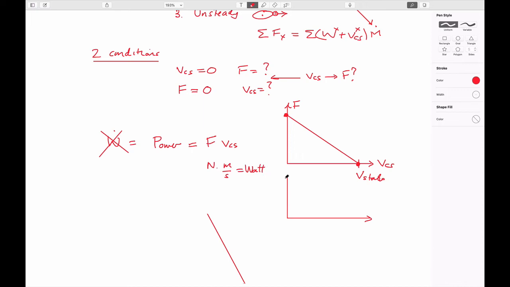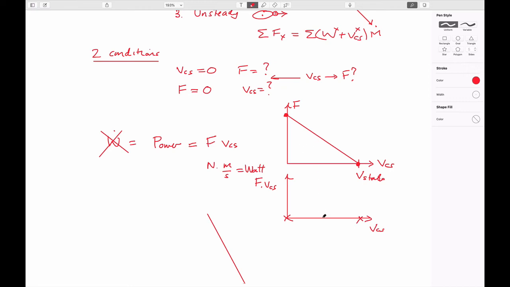So if you look at the product of those as force times the velocity of the control surface, at this point here, the force multiplied by zero velocity control surface is zero. At this point here, the control surface moving at the static velocity of the jet gives you zero force. So again, this is zero.